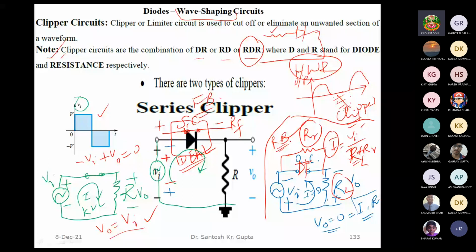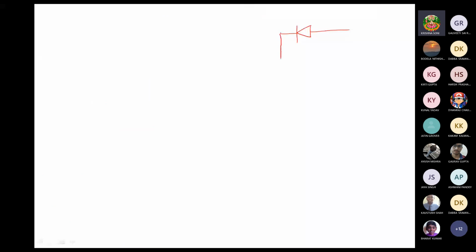We can also have the direction of this diode reversed, like this. If the direction of the diode is reversed, suppose this is the output voltage.